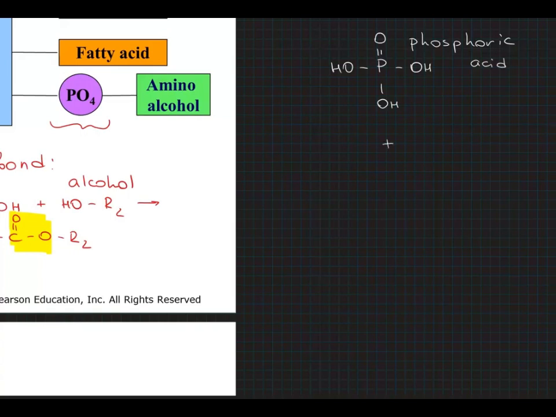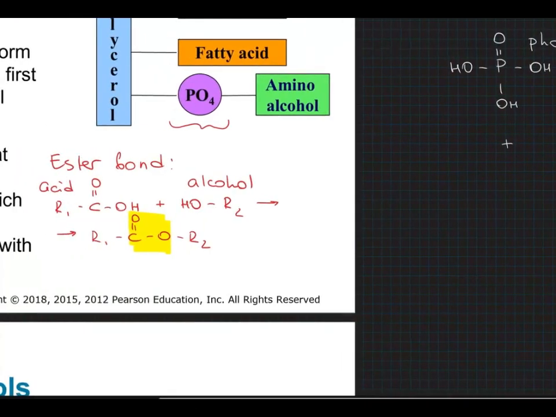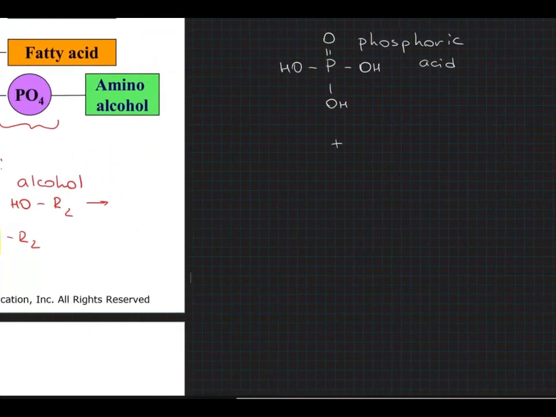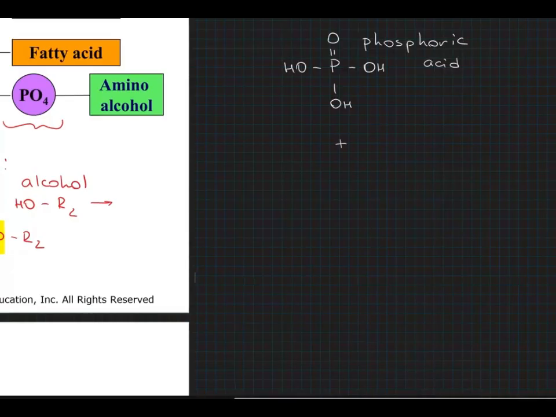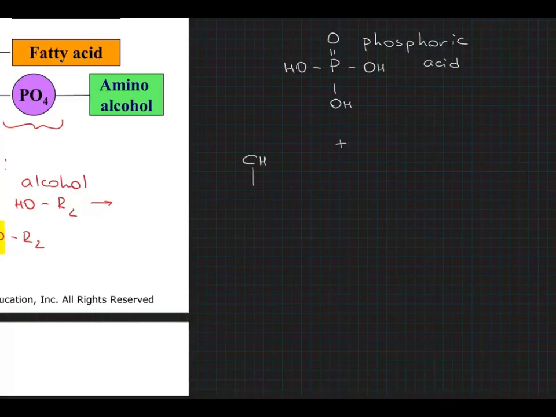It reacts on one side with the glycerol. I'm not going to draw the entire molecule, okay? I'm just going to draw a fragment. Okay, there's the bond that looks down, links to the rest of the glycerol and to some kind of an amino alcohol, okay?